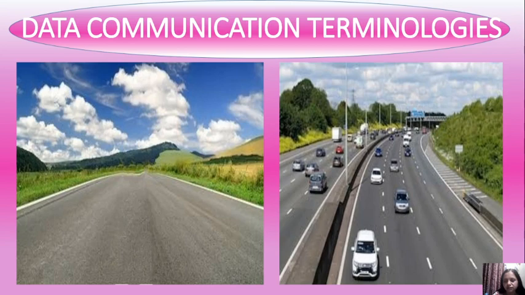You can compare this road with a cable, and you can compare the width of this road with the bandwidth of a cable. Now in the right side image you can see vehicles going on the road.